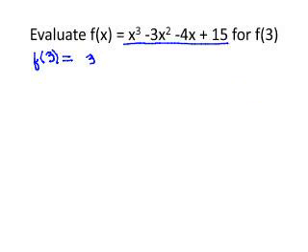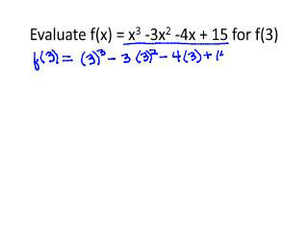So we've got 3 cubed minus 3 times 3 squared minus 4 times 3 plus 15.